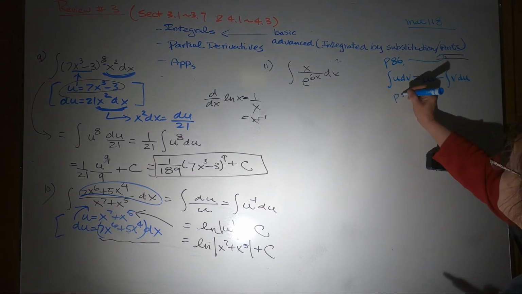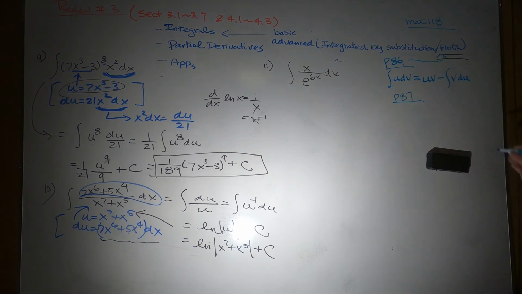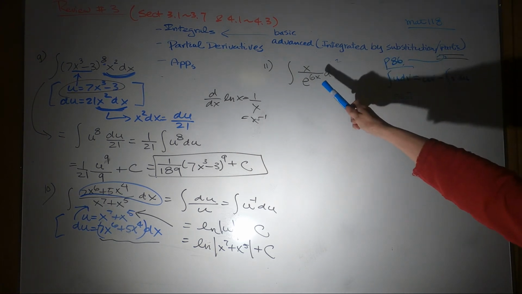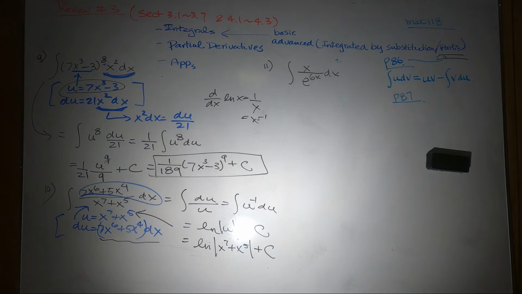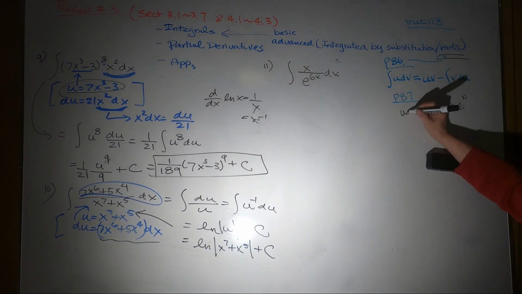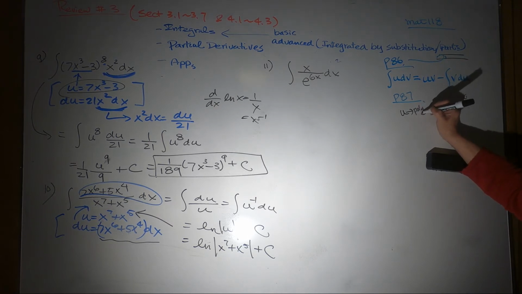Because you have one exponential and one polynomial, the rule of thumb is: when you have an exponential one and a polynomial one, you set dv as the exponential one, then your u would be the polynomial one.